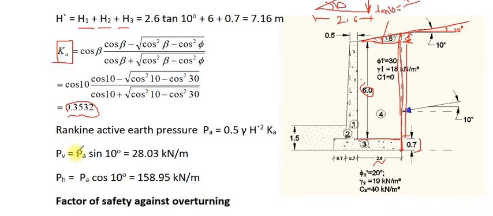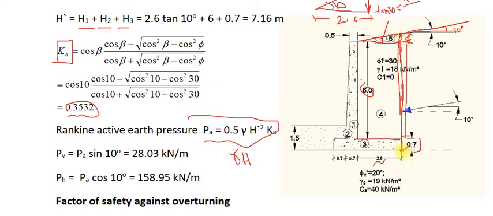Now P active equals 0.5 gamma H squared multiplied by K active. Gamma H gives us the vertical stress at any point. Since H equals 0 at the surface, sigma vertical equals 0.